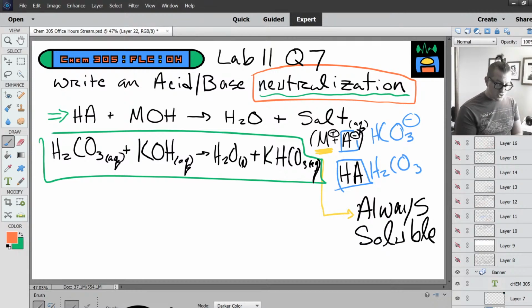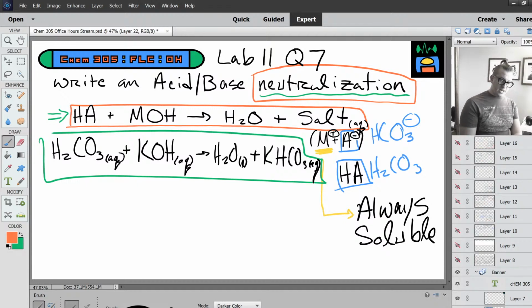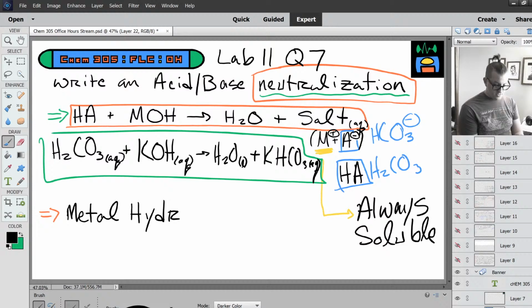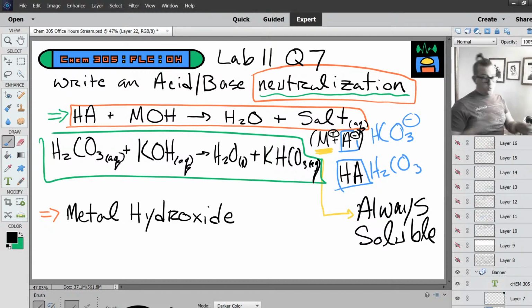Neutralization reactions are defined as an acid, HA, plus a hydroxide base that has some metal cation, and it produces water and a salt. So how I knew to do the metal is that on the reactant side, there's a metal hydroxide, which is the hydroxide with the metal cation, and then it produces a salt with that same metal cation.